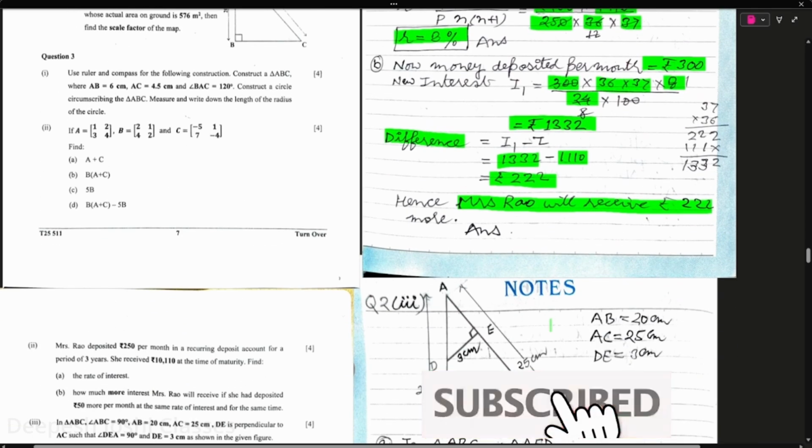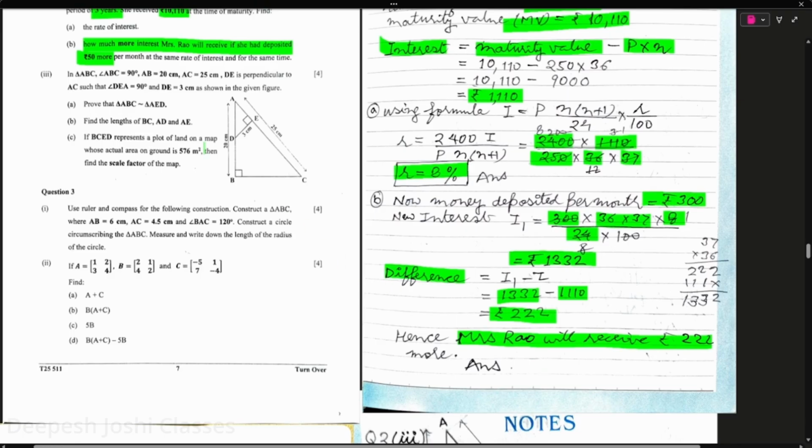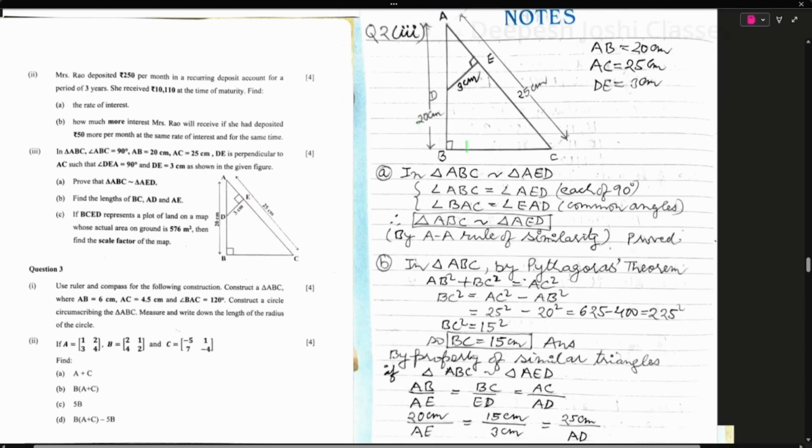Now we move to the last part of this question. Here we have given two triangles in our triangle. We have to prove both the right angle triangles are similar. So for this, we know that angle ABC and angle ABED that is given in the question is of 90 degrees, so equal.